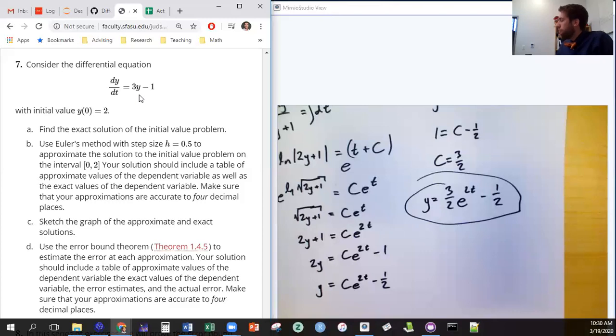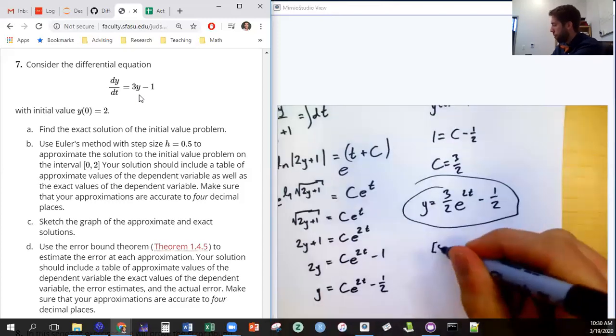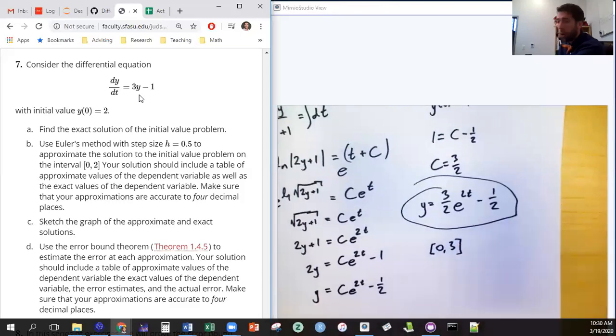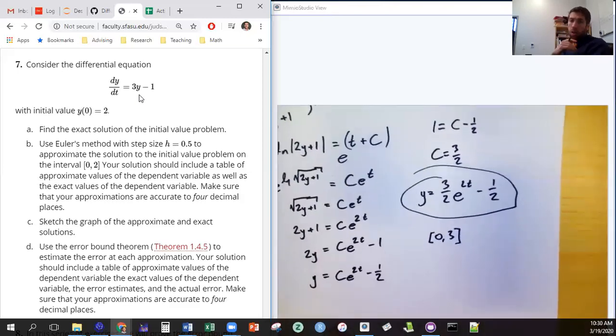So L is the maximum slope on my interval. With your interval for number 7 being 0 to 2, let's say our interval is from 0 to 3. L is going to be no bigger than the maximum value of the derivative.